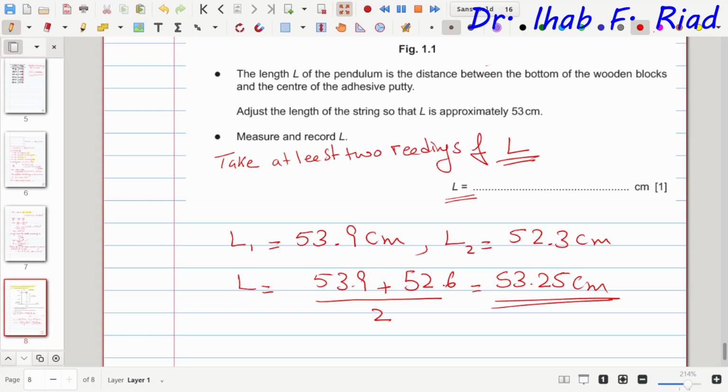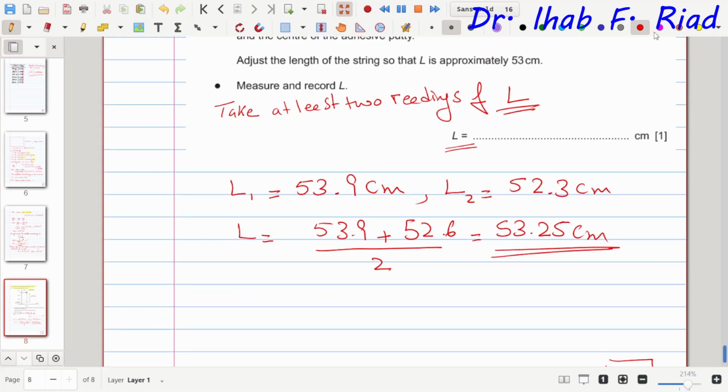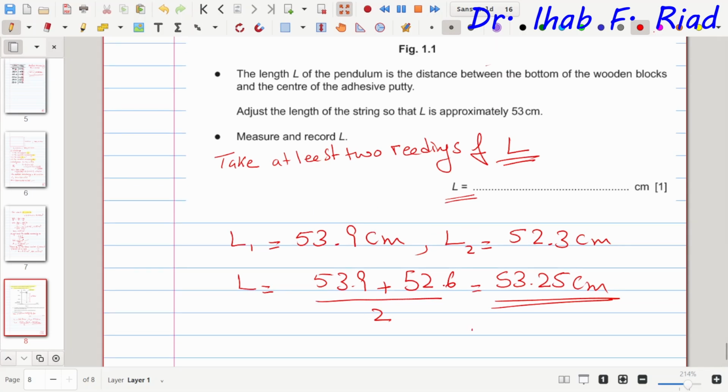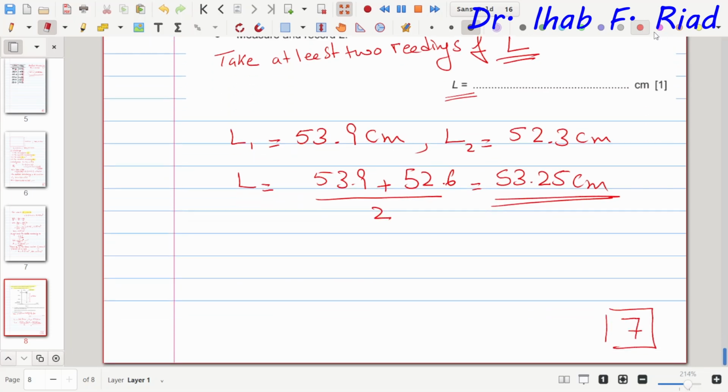Since we know that measurement using a meter ruler can only be accurate within, okay, let us keep it for now. Don't mention that here. So we got it here. What if we were asked to calculate the absolute uncertainty in this case?